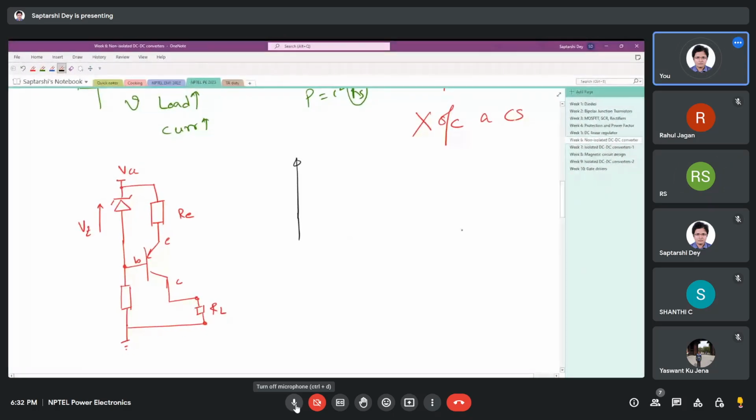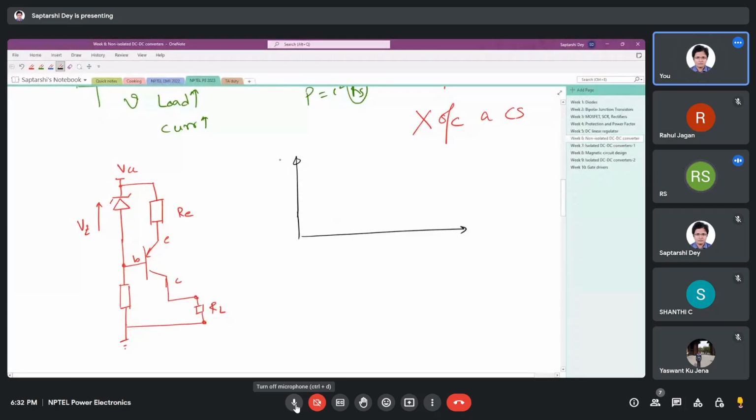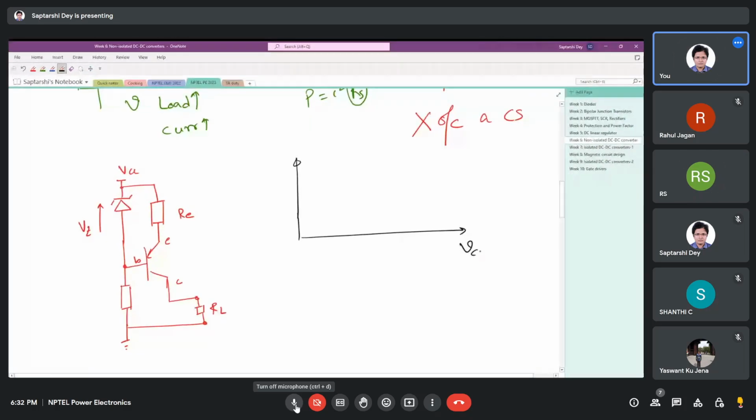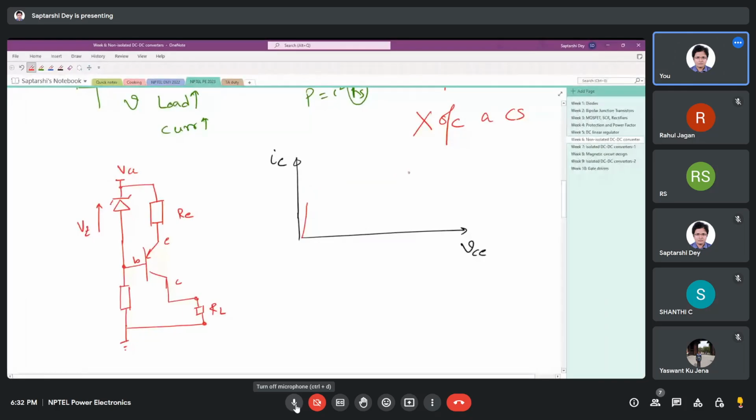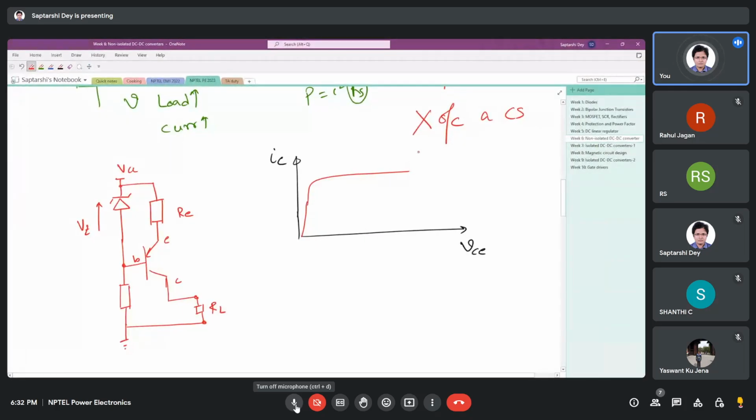Let me see if I can answer this. This is collector to emitter voltage, and this is the collector current, right? So it is something like this, and it is operating in active region because I can see the beta values and all being used.